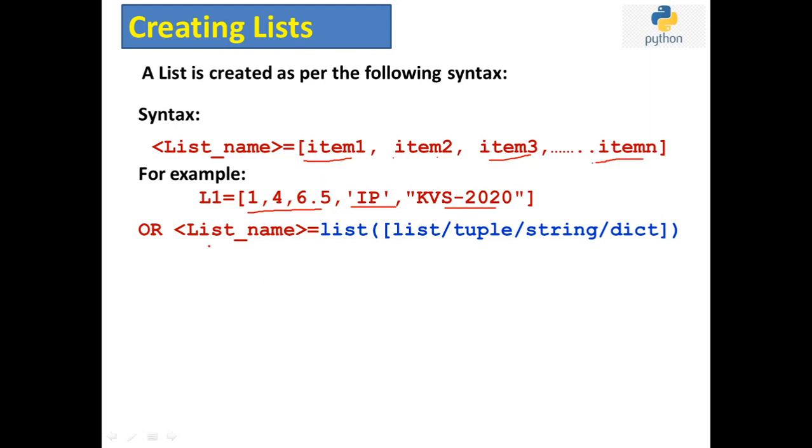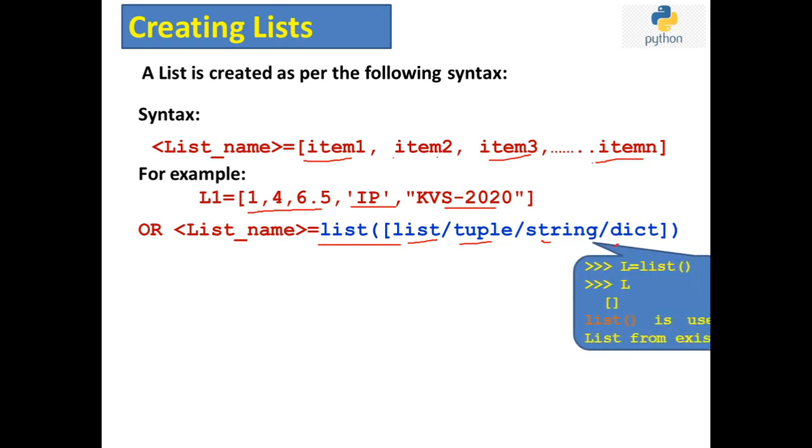And this is the second syntax. Sometimes this can also be used when we want to convert a sequence like a list, tuple, string, or even dictionary into a list by using this method known as list.